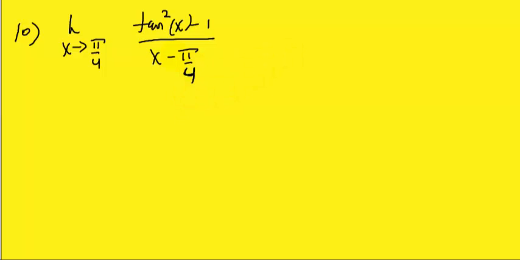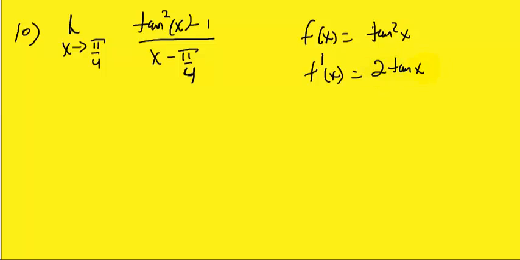What's my function in this particular problem? What's my f of x? Tan squared x. And what is my derivative? Well, you've got to use the chain rule, don't you? 2 tan x times secant squared x.